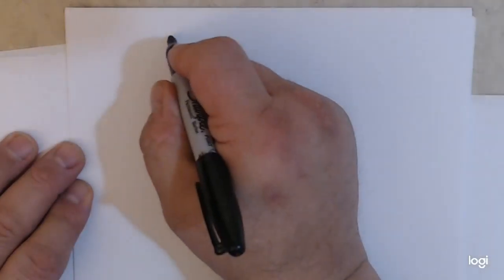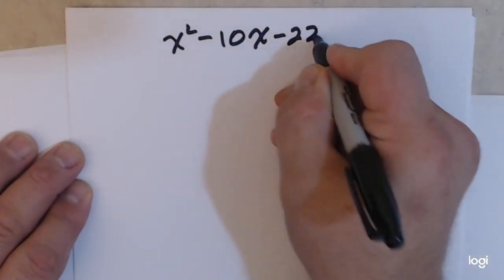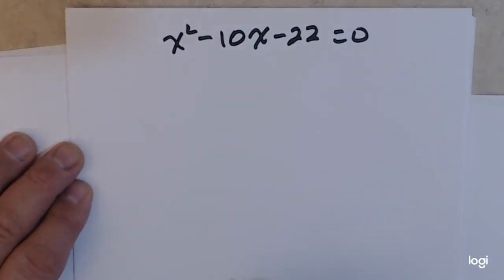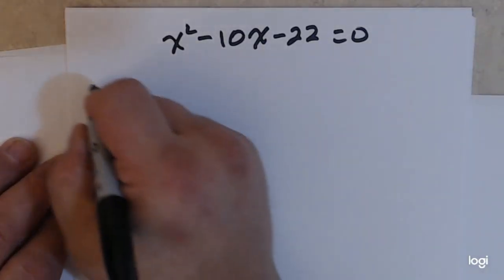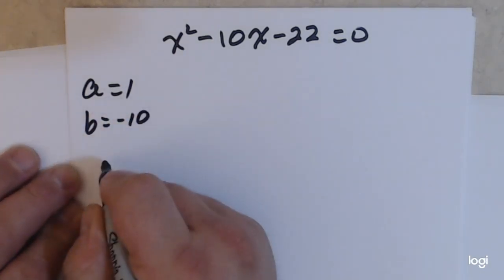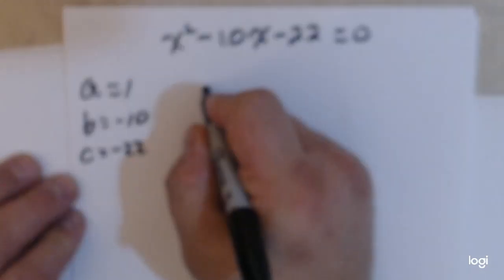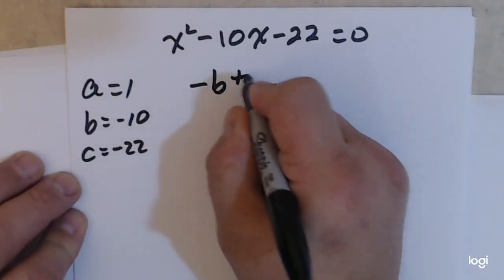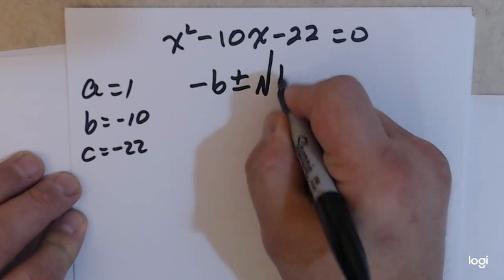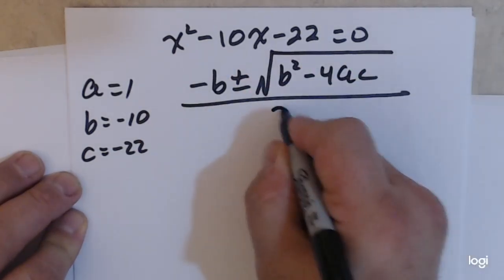X squared minus 10x minus 22 equals 0. So we know that A equals 1, B equals negative 10, C equals negative 22. And our quadratic formula is negative b plus or minus the square root of b squared minus 4ac all over 2a.